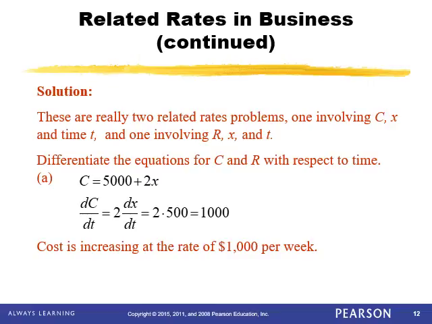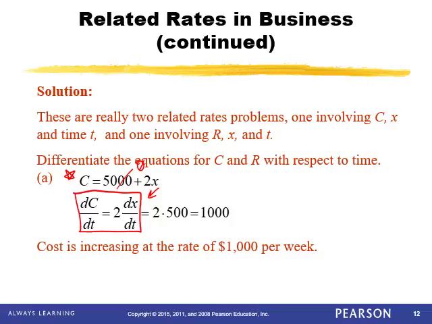Let's do the cost function first: 5,000 plus 2x. The derivative of 5,000 is 0. The derivative of 2x is just literally this, 2 dx/dt. So the derivative is right here: dC/dt is equal to 2 dx/dt. And we have both of those pieces of information.